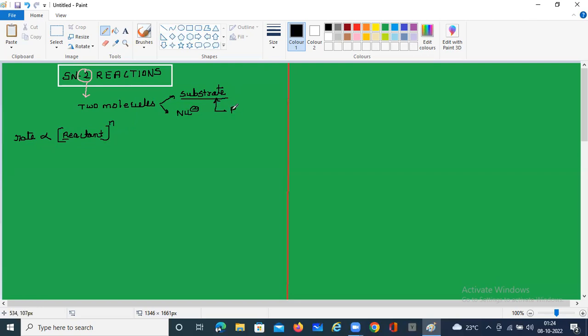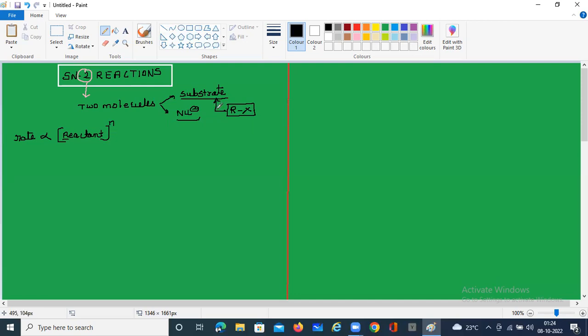Like RX, meaning alkyl halide. What type of substrate or reactant should be taken? Alkyl halide. And obviously we know about nucleophiles. So these two molecules are the alkyl halide and the nucleophile.